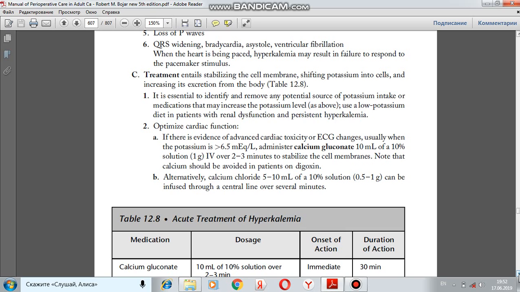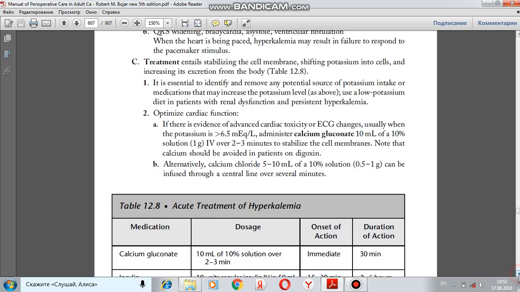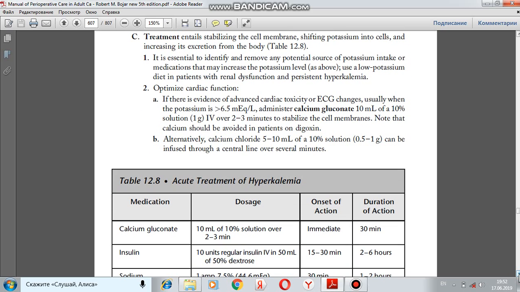Table 12.8. First, it is essential to identify and remove any potential source of potassium intake or medications that may increase the potassium level as above. Use a low potassium diet in patients with renal dysfunction and persistent hyperkalemia. Second, optimize cardiac function.